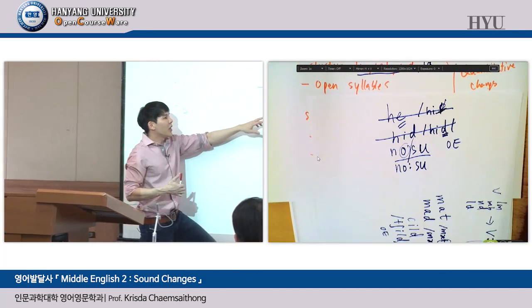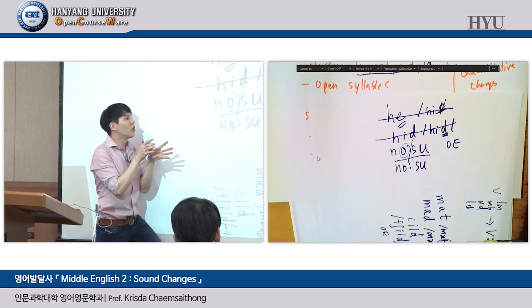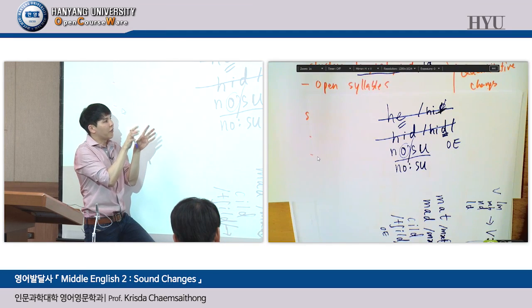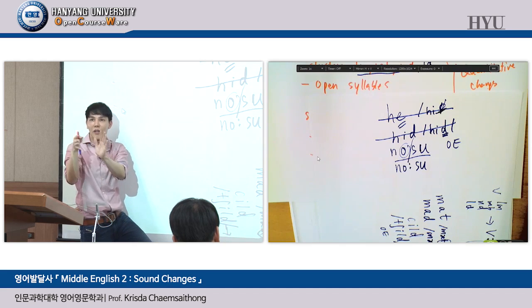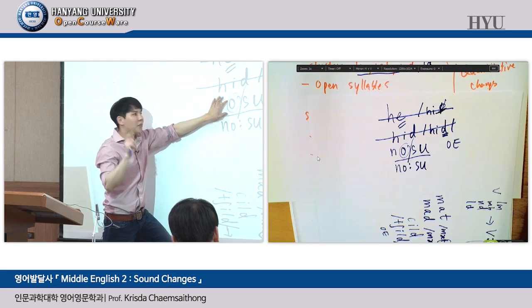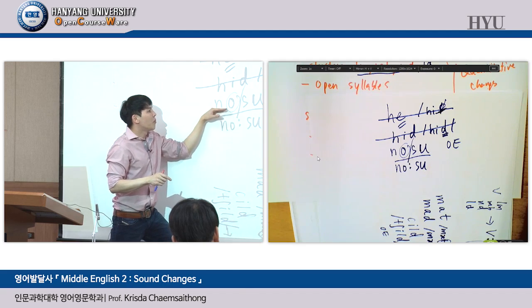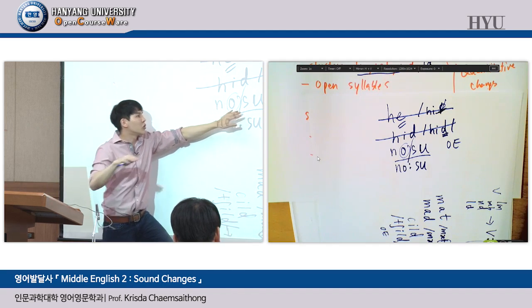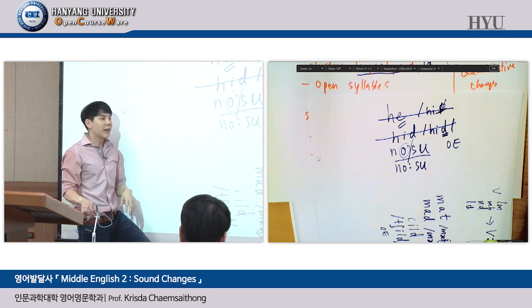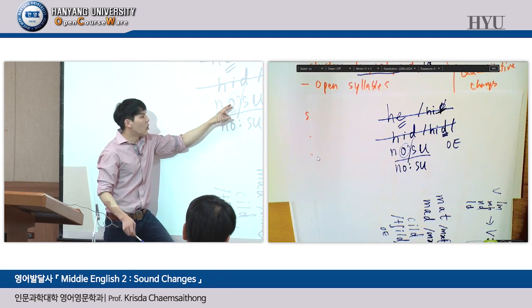Okay? So when you have this kind of scenario where you have 2 or more syllables, you tend to divide them equally, right? So no is 1 syllable, su is 1 syllable. Both syllables are open. So you lengthen the no here.